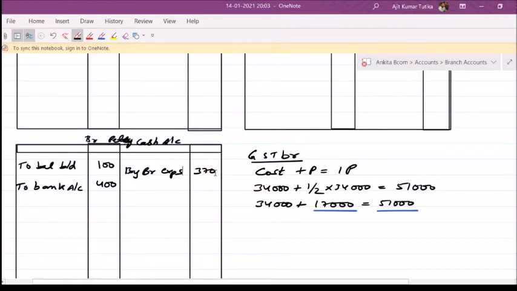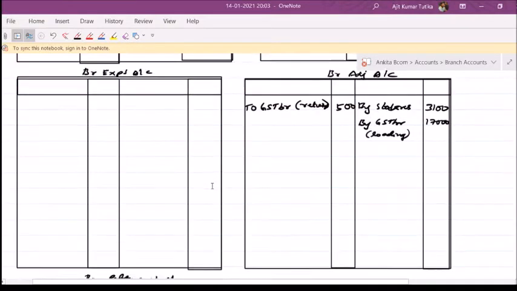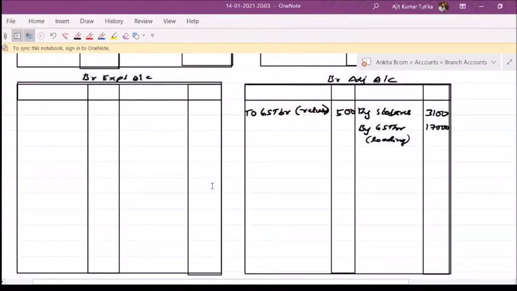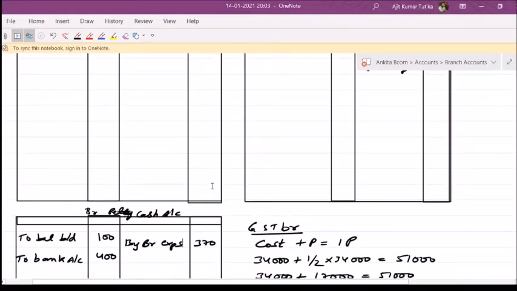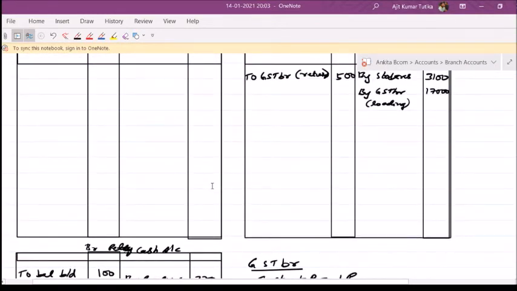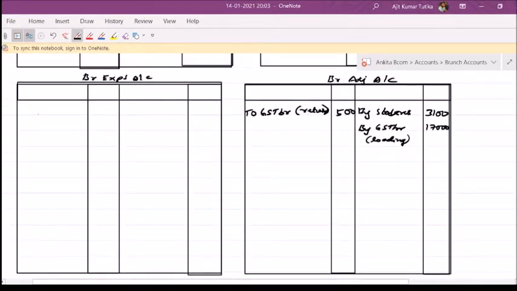So it is an expense. It is 400 to branch debtors.